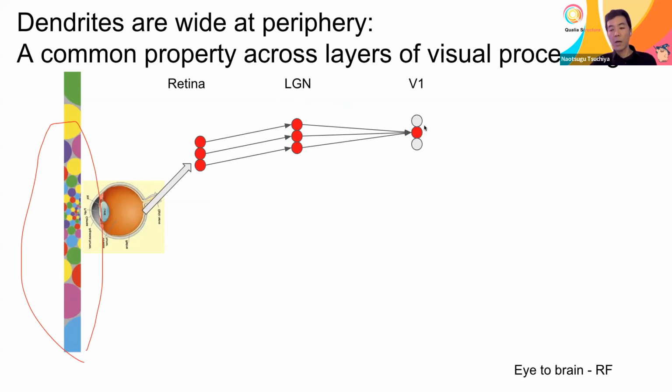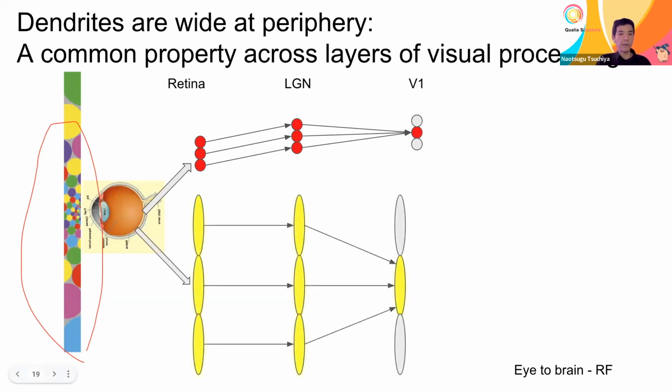And V1 has slightly bigger receptive dendrites compared to LGN or retina, so it can combine input from three LGN cells to make it active like this, or sensitive to the color.